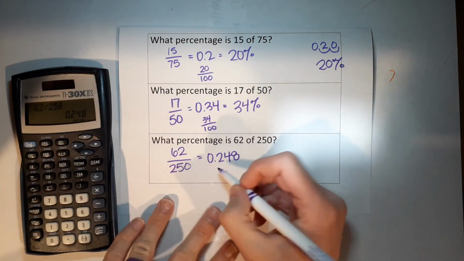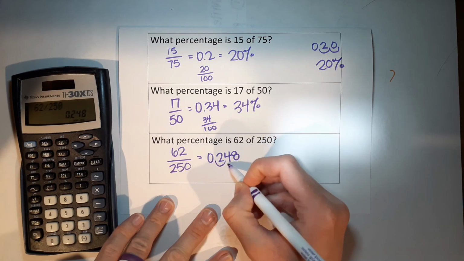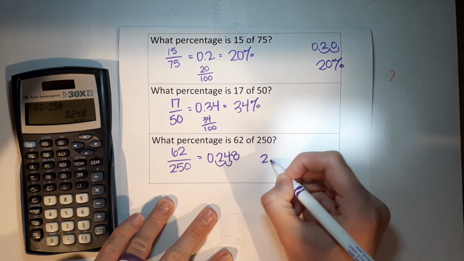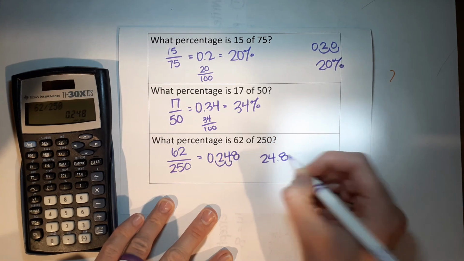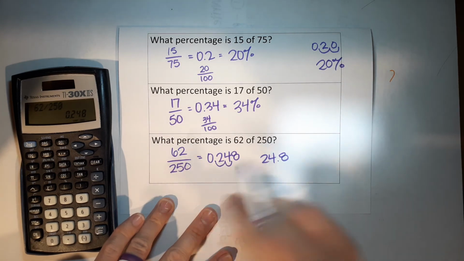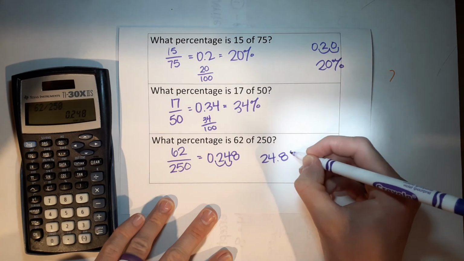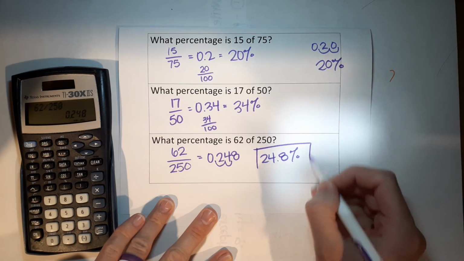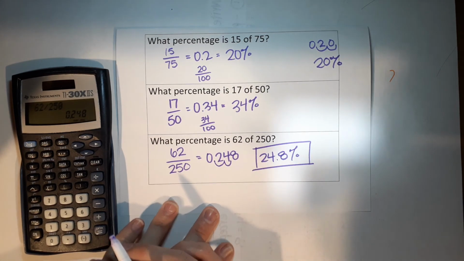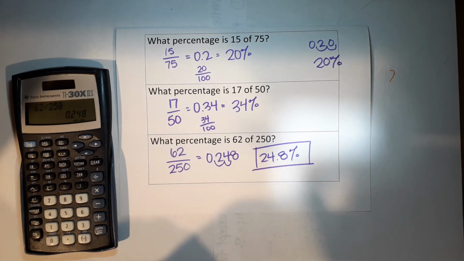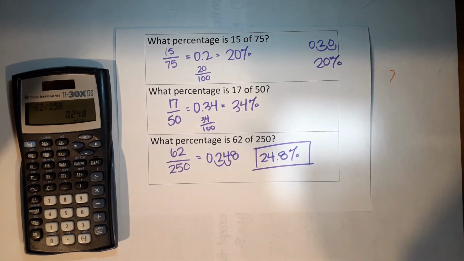Okay, so this scoots over twice, 1, 2, and I get 24.8. When we see it that way, it's already rounded to the first decimal place. So 24.8%. Okay, aren't percentages awesome? Yes, they are. Okay, hopefully you can get your homework done and have dreams of math that aren't nightmares.